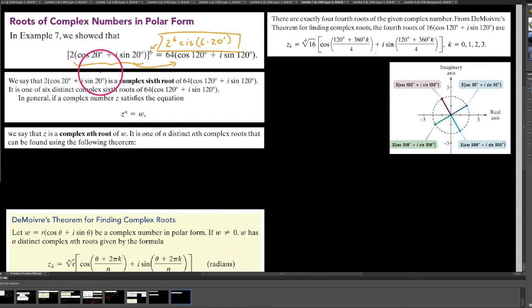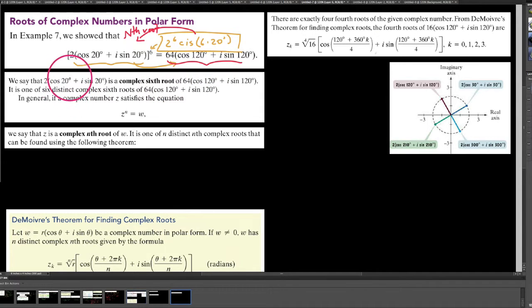In this video, what we're going to be doing is working the other way around. And so we've referred to this in the past, as going from the left to the right here is raising to a power, but going from the right to the left, what we're going to be doing is taking an nth root of this number here. And in this case, in particular, we could say that this number, 2 CIS 20, would be the 6th root of this number, but only because it is the number that when taken times itself 6 times gives us this value right here.